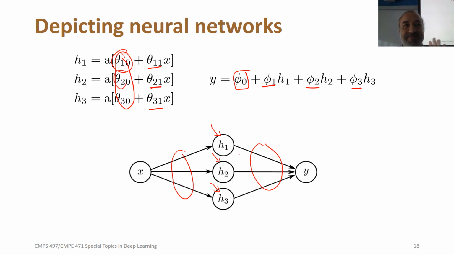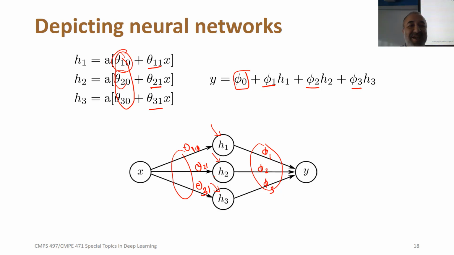Okay, so again, these are the weights. So we can write here theta 1 1, and this one is theta 2 1, and this one is theta 3 1. And how about this? Phi 1, phi 2, phi 3.